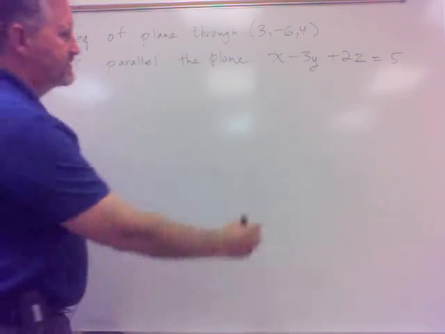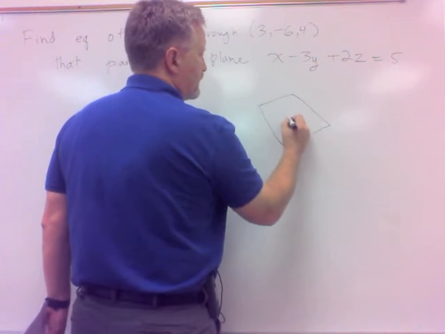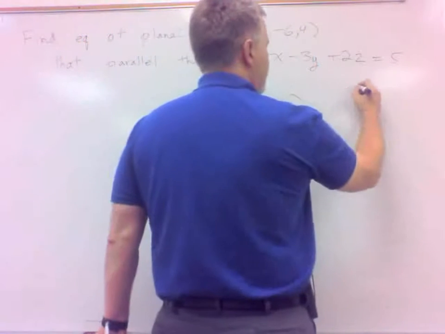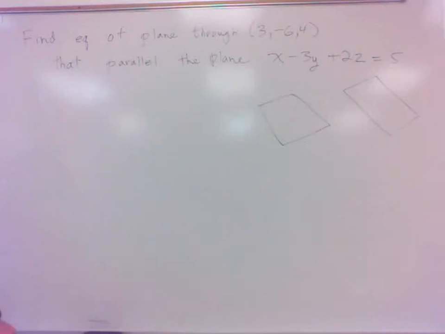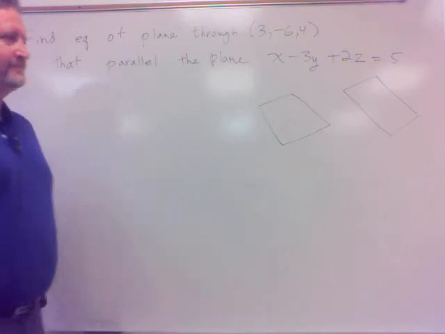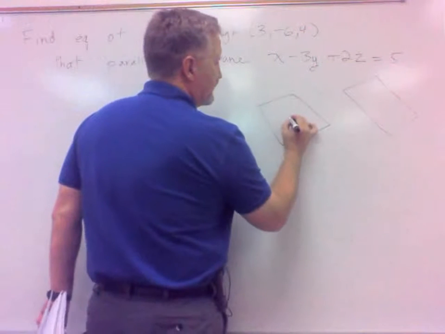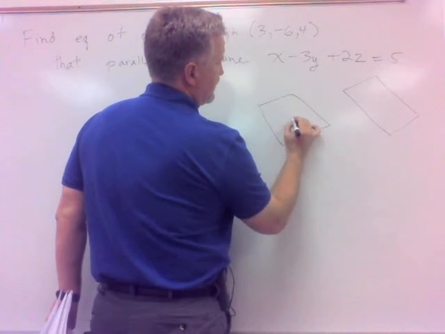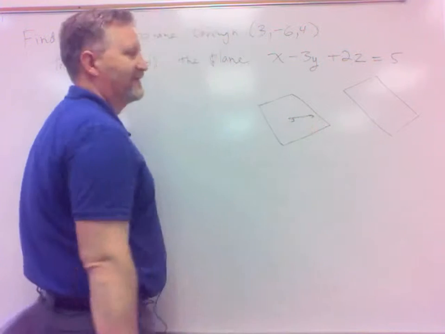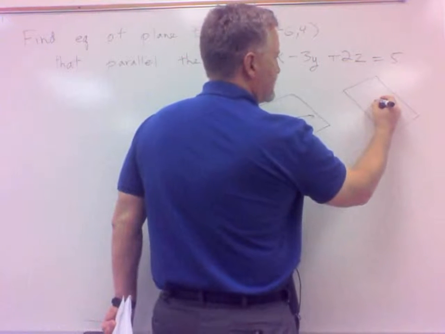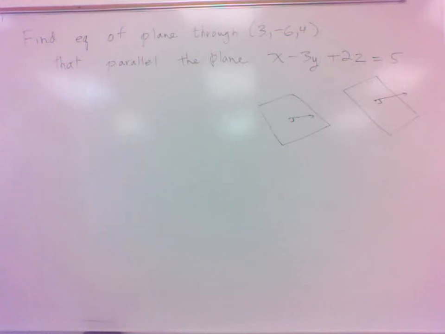Well, if you think about this, let's say we've got a plane here, and it's parallel to this other plane at a little different height, if you will. How are we going to know if those two are parallel? Well, wouldn't it be true, we've got our normal vector here, let's say it's coming out kind of like that. What about the normal vector over here? What's going to have to be true about those normal vectors? They're going to have to be parallel.